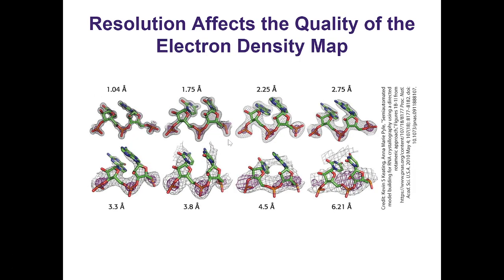So the resolution will affect the quality of the electron density map. Depending on what sort of resolution you have, you're going to get a much looser or much tighter electron map. For example, this is a 1.04 angstrom, and you can see that we can actually resolve like little gaps in the middle of molecules and stuff. Okay?